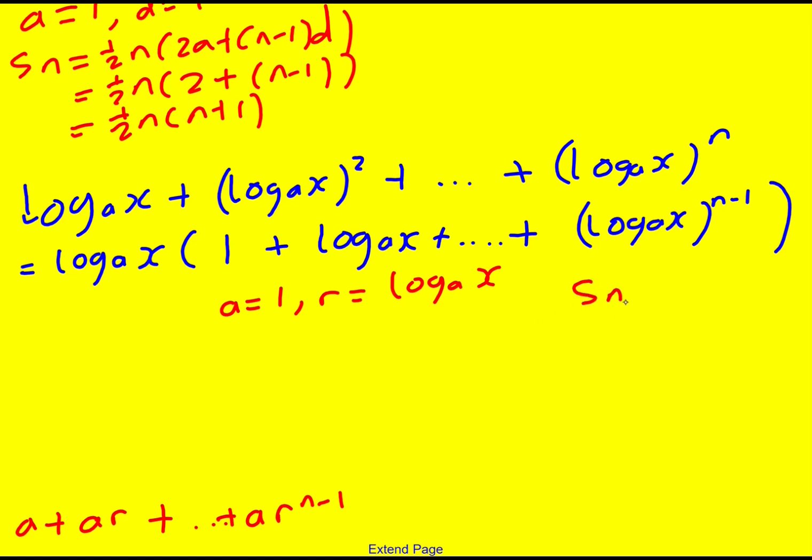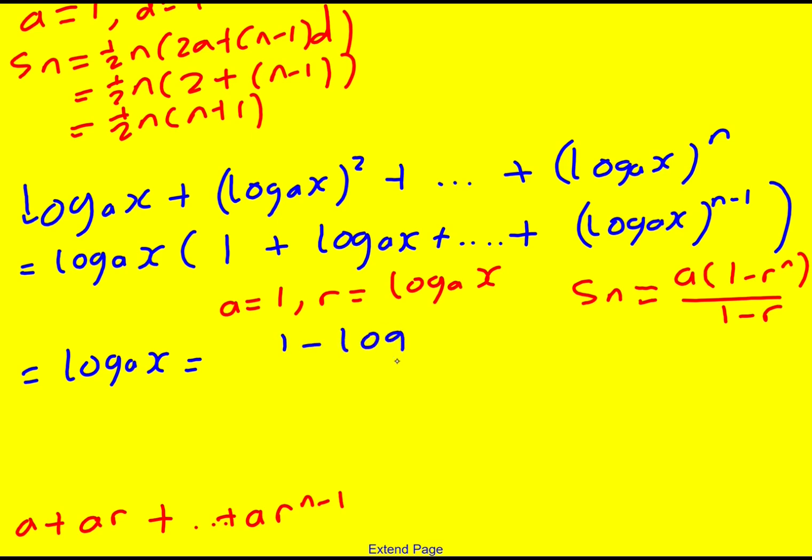And here the sum to n is then a times 1 minus r to the n over 1 minus r. So a is just 1. Therefore, I'm going to get 1 minus log to base a of x all to the power of n over 1 minus log to base a of x. And sorry, that shouldn't have been a equals, that should have been a times.